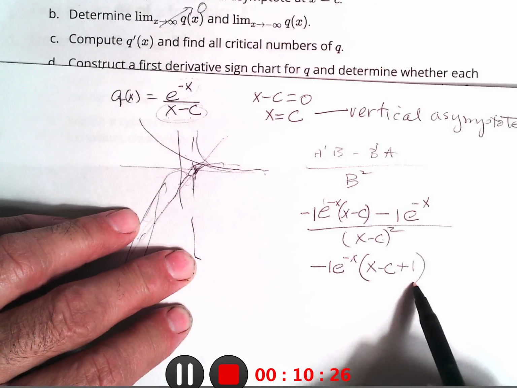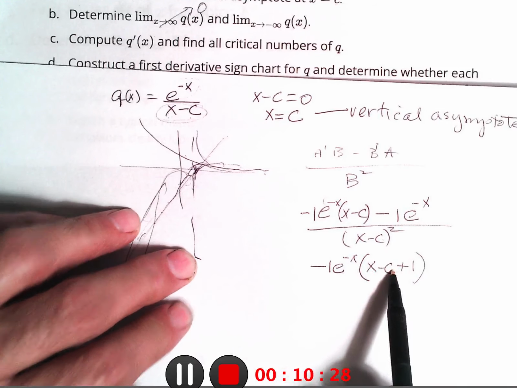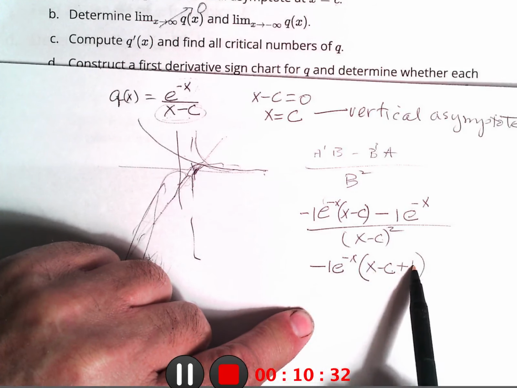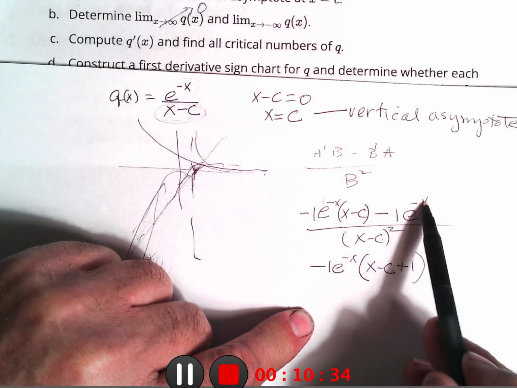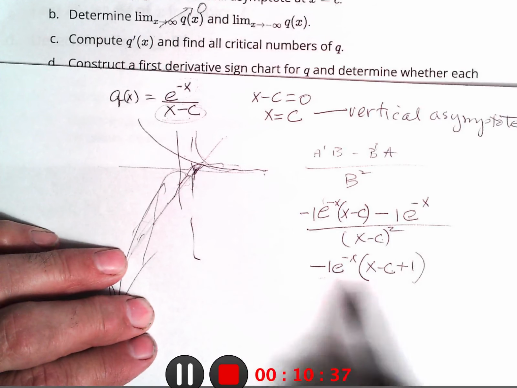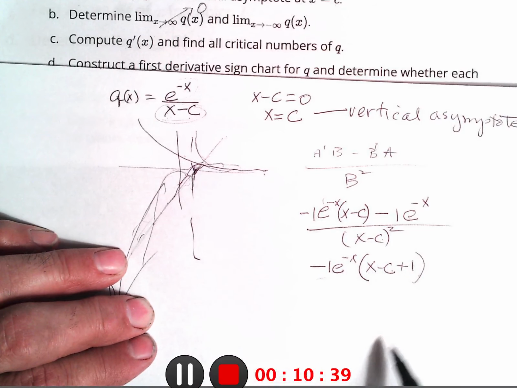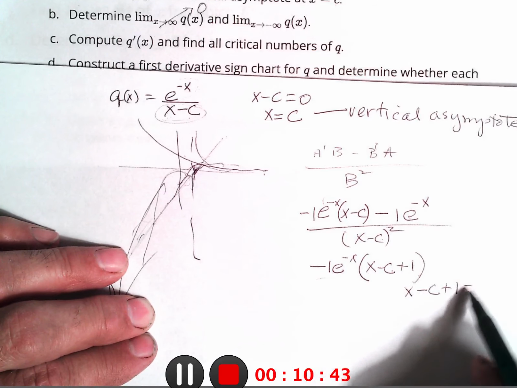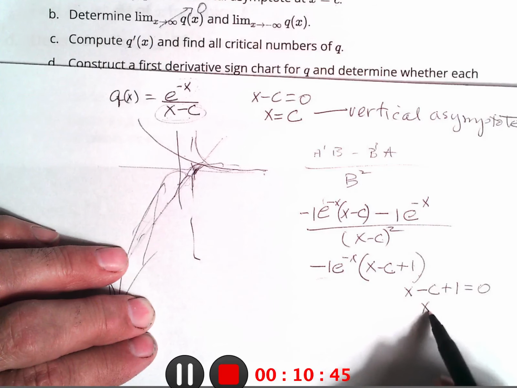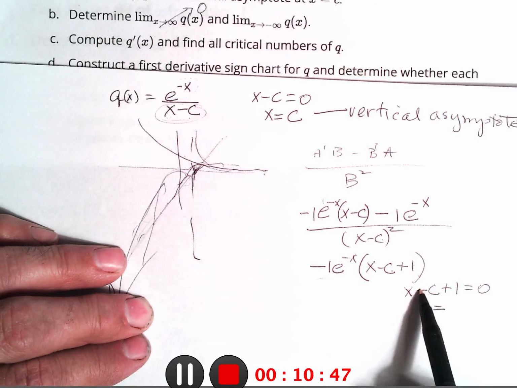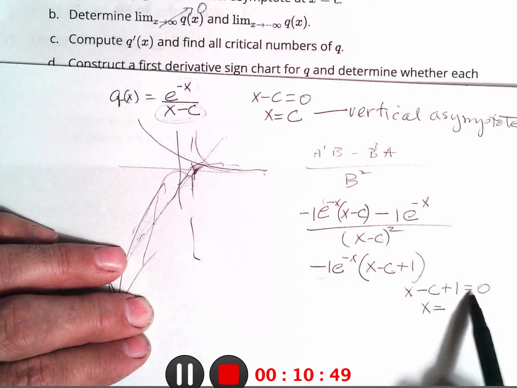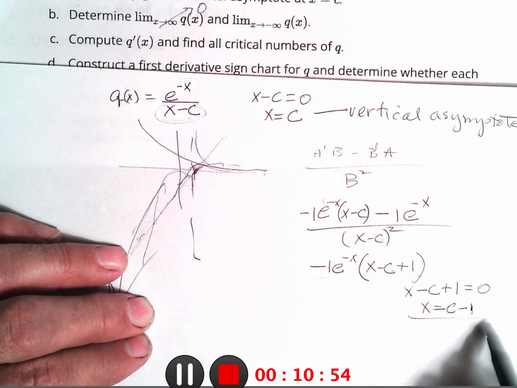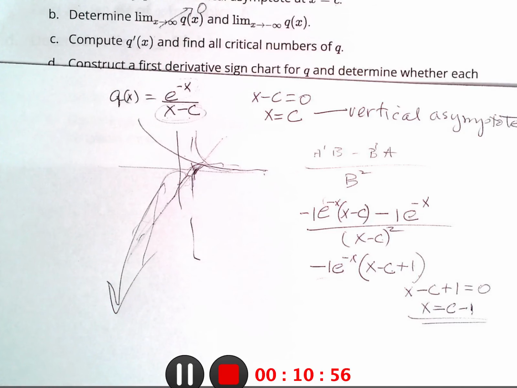This times the x minus c is this first part, and this times plus 1 would be the negative 1 e to the minus x. This is going to be 0. This would have to be the 0. So we have x minus c plus 1 equals 0. So x would equal, subtract 1 and add c, so c minus 1. That's the critical number. Happens at c minus 1.